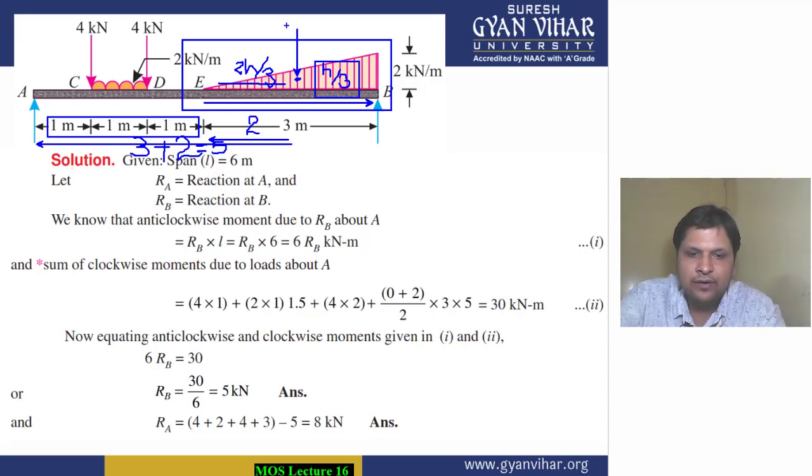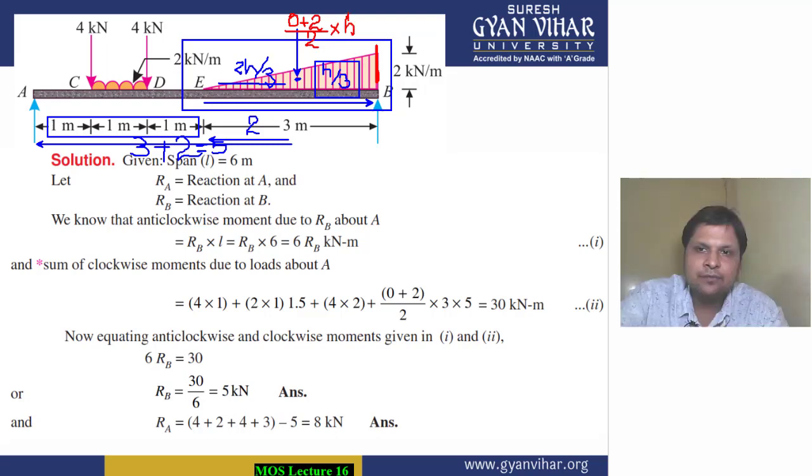Now what is this particular load value that we have to calculate, and how will we calculate it? The load is calculated in this way: at one end, that is at point E, the load value of this UVL is 0, and at the other end, at point B, the load value is 2. So just add these two values and divide by 2, and also multiply this with the height.